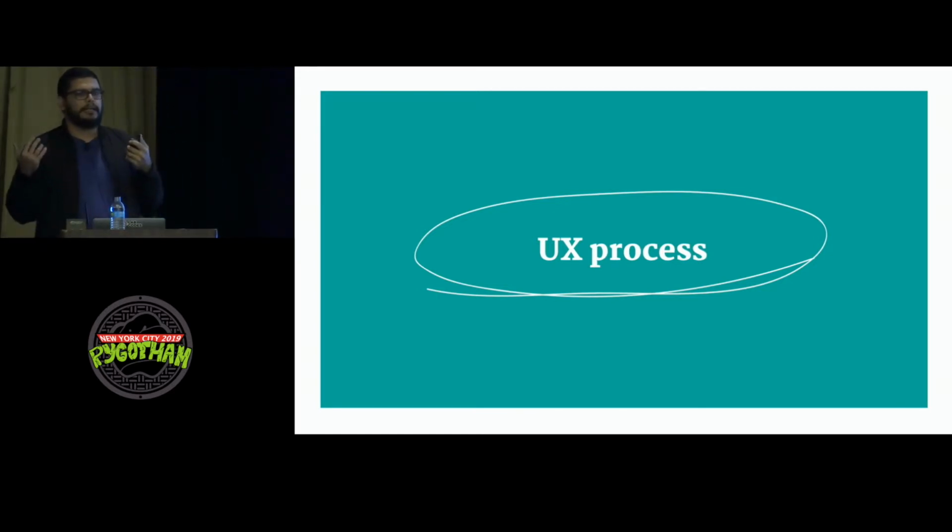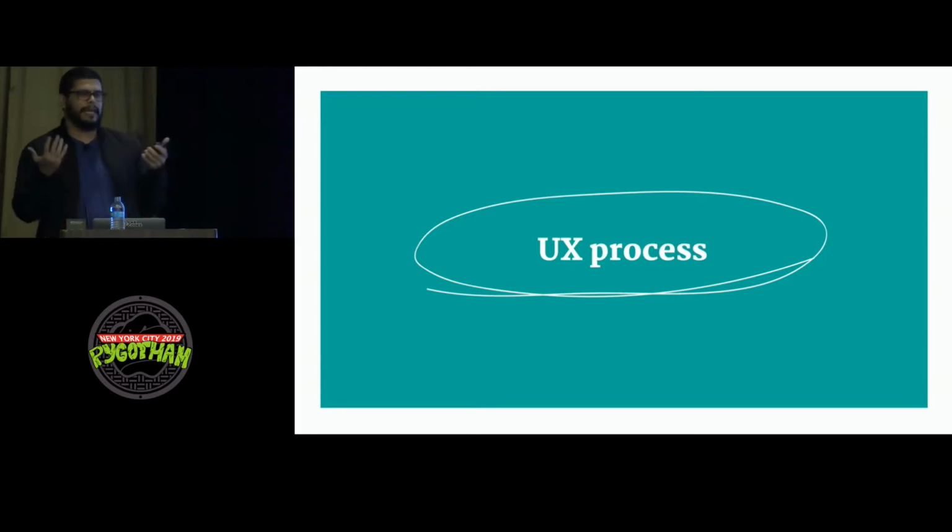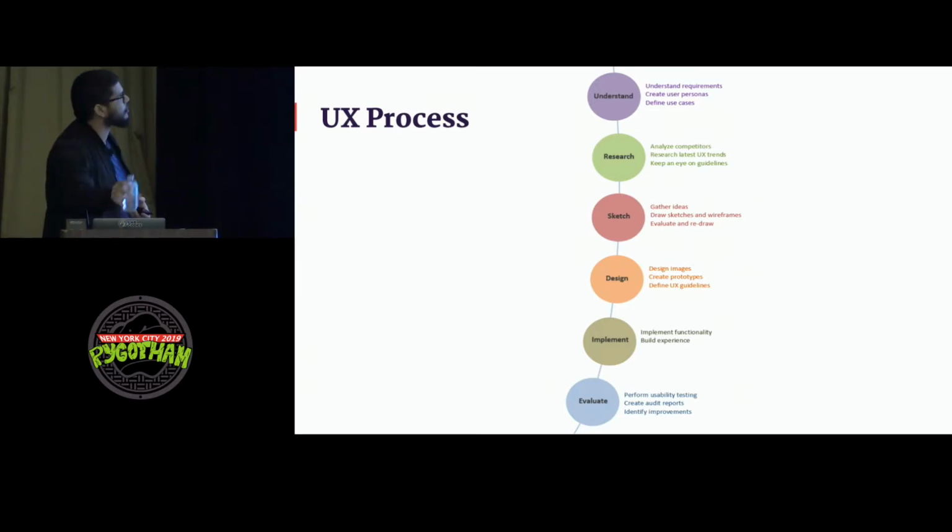So, that said, we can go through a UX process. Designers have been creating great experiences for years and years, and we can take advantage of their knowledge to help us create great interfaces as well. So this is a basic UX process.